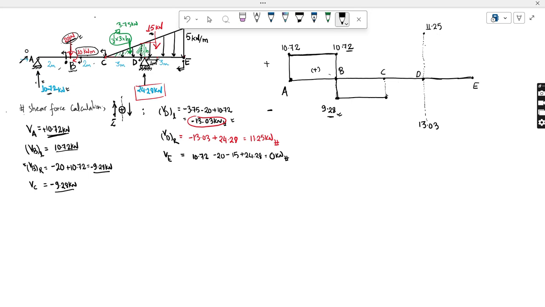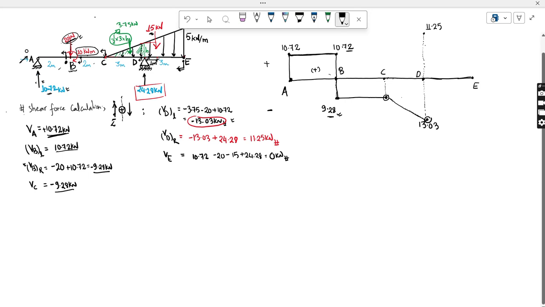First I have to join this point to this point. I think you all will be guessing right now that I should draw a straight line like this, but that will be a mistake, because look here, from C to D there is a UVL, that is a triangular load.